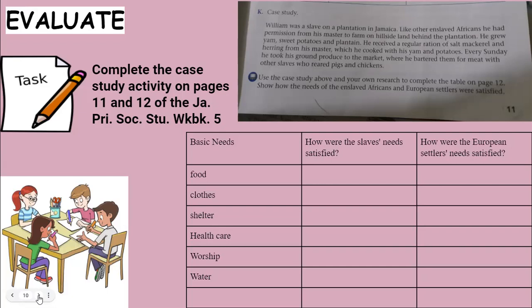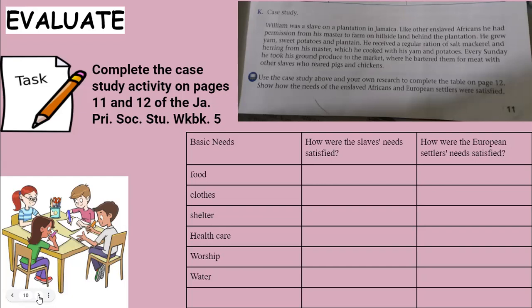He received a regular ration of salt mackerel and herring from his master, which he cooked with his yam and potatoes. Every Sunday, he took his ground produce to the market, where he bartered them for meat with other slaves who reared pigs and chicken.